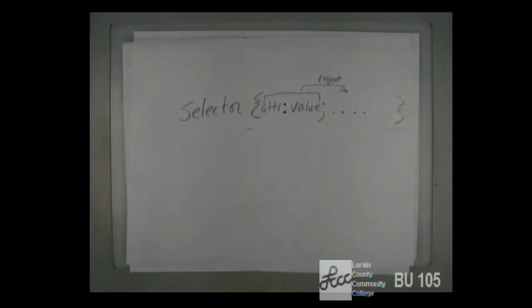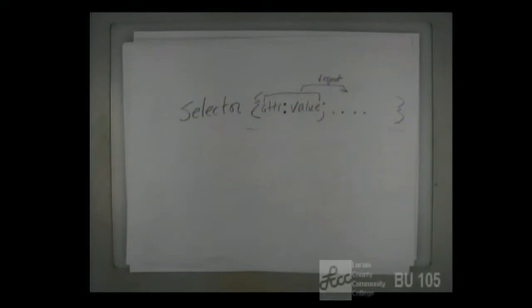So the first thing is called the selector. Then inside the braces, there are pairs of attribute, colon, value, semicolon. What's an attribute? Again, it's similar to what we talked about in HTML. An attribute is a characteristic, additional information about it.